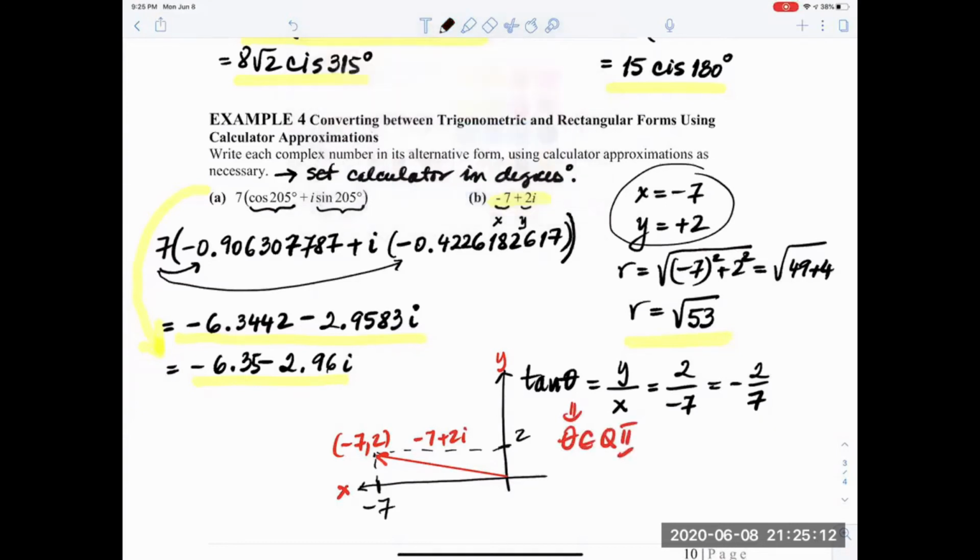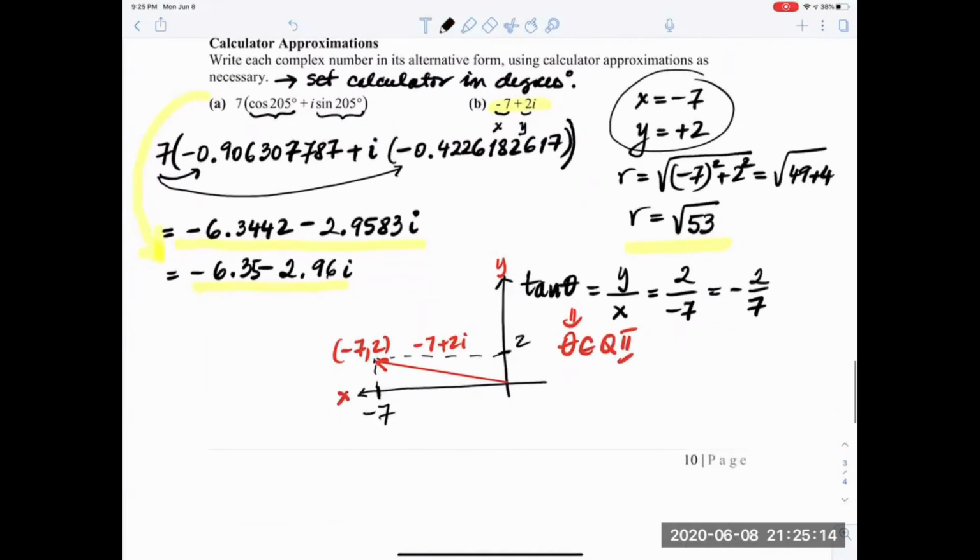And so because of that, you need to look at what your reference angle is, right? Because if you are using a calculator right now and you do tangent inverse of -2/7, that will give you your theta. If you do that, you get about 15.95. But see, 15.95 belongs to Q1.